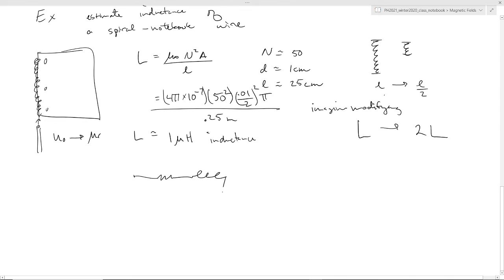So consider now a circuit very similar to what we did with capacitors and RC circuits, but now we have added an inductor instead. So we have our inductor, our resistance, our voltage here, and imagine this switch closes at time equals 0.